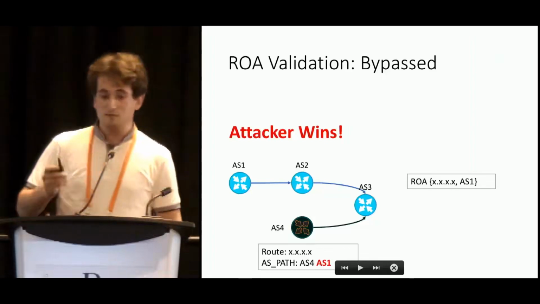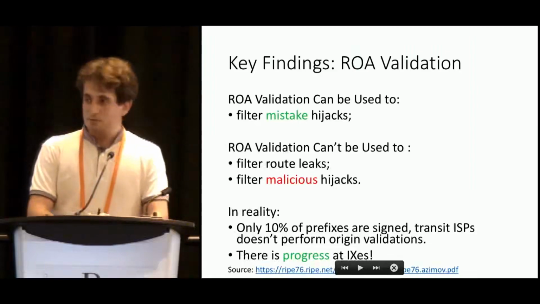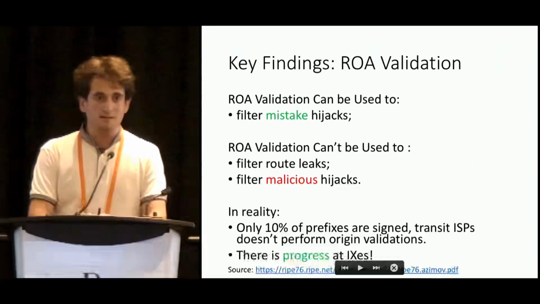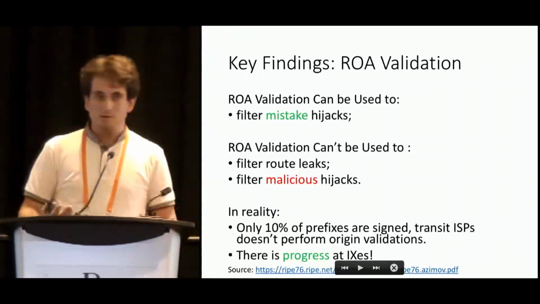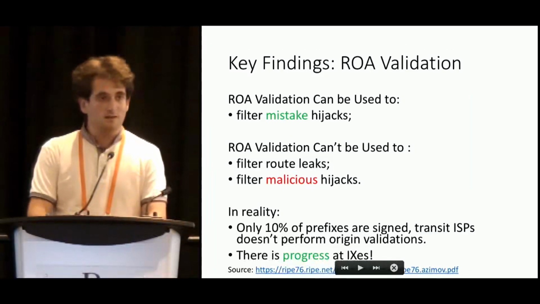So, speaking about ROAs, again, they are very useful. ROA validation can be applied not only on customer links, but also on links with providers and peers, so it provides much more functionality compared to IRR filters. But without AS path verification or validation, it can't be used to stop malicious activity.